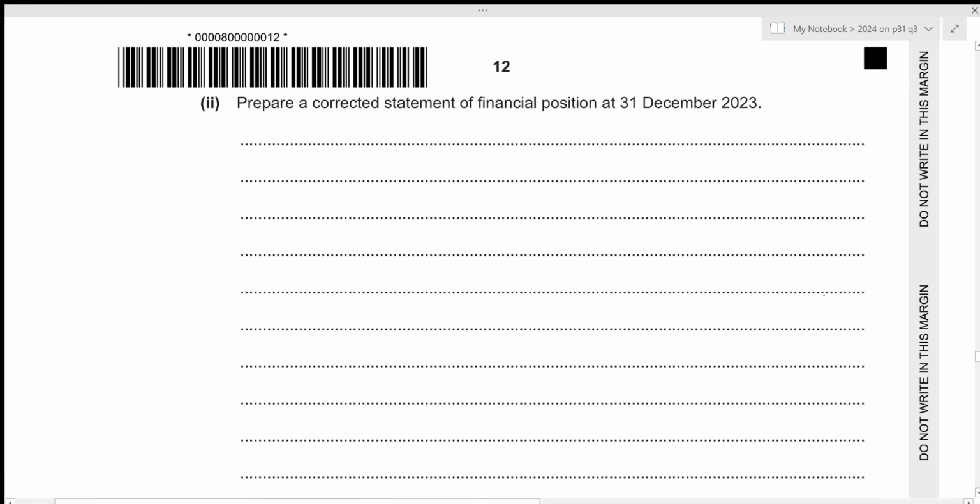We now need to prepare a corrected statement of financial position at 31st December 2023. This is the statement of financial position. This is at 31st December 2023. Okay.